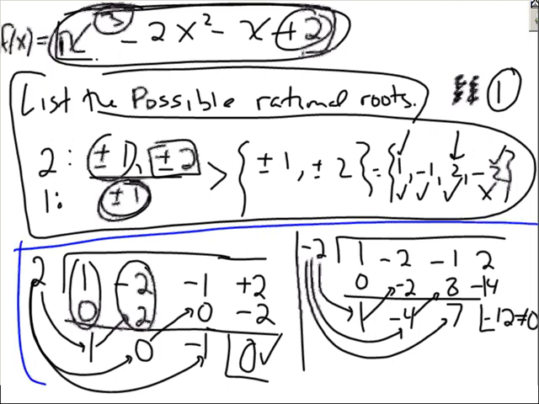Down here, we did the testing. I erased some of them, but we tested 1 and it worked. We tested negative 1 and it worked. We tested 2 and eventually it worked. And we even tested negative 2 and it didn't work. But that would be how you could find the zeros.